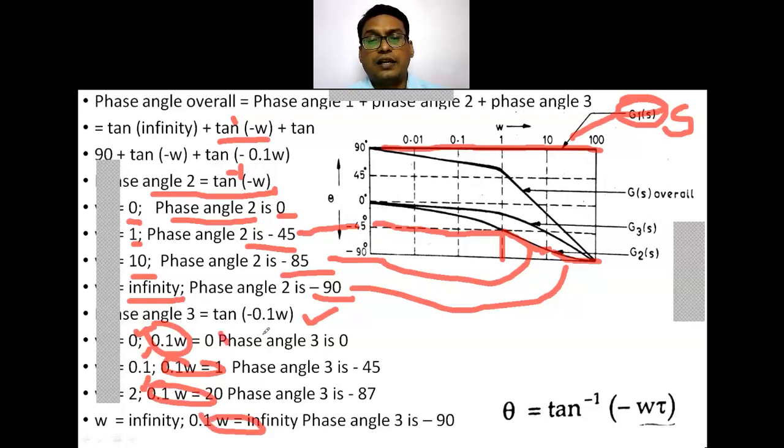So the phase angle for the third is 0, minus 45, minus 87, and minus 90. So this will be the line for the third transfer function.